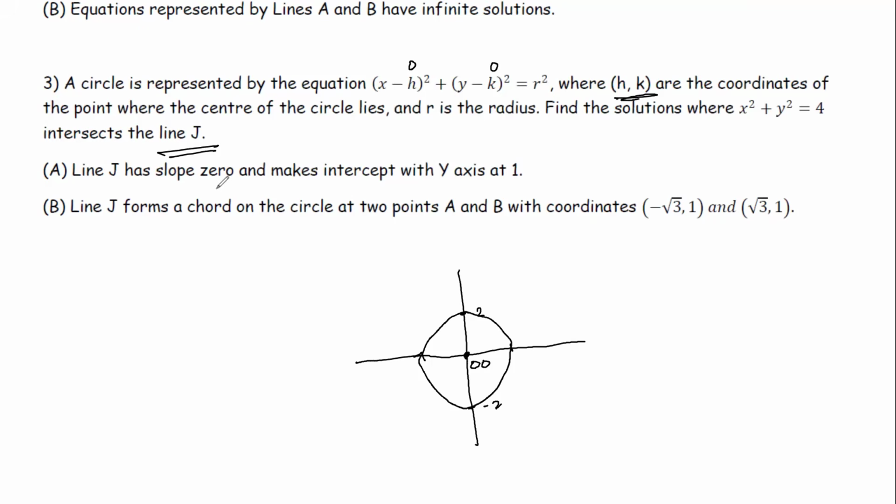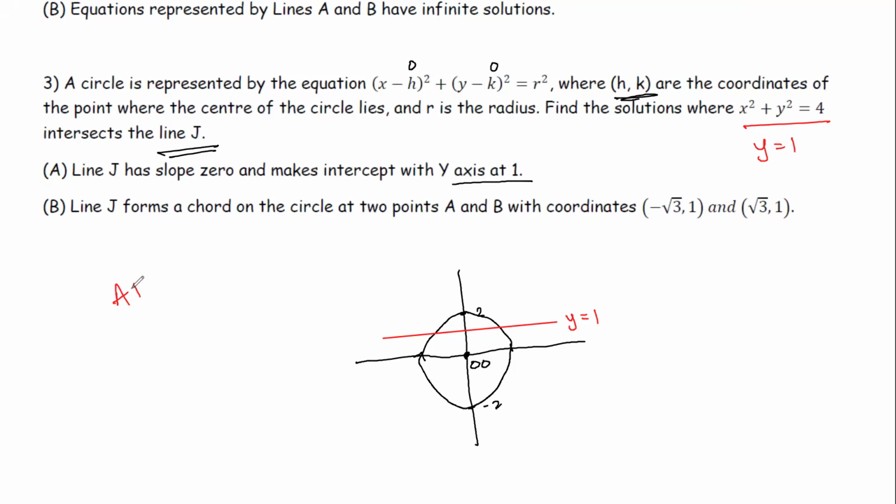It's a horizontal line and makes an intercept with the y-axis at 1. All it means is this red color line where at 1 you have a line with a slope of 0 and y-intercept at 1. So what this means is that this is y equal to 1, the equation of the line.